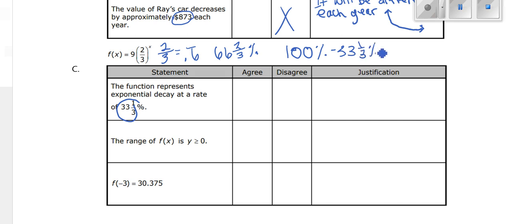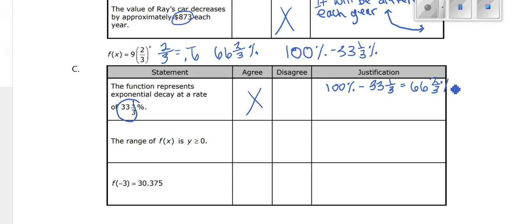That would get me my 2/3, or my 66 and 2/3%. So I agree with this. 100% minus 33 1/3 equals 66 and 2/3.